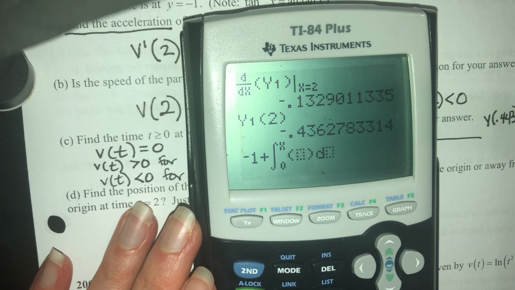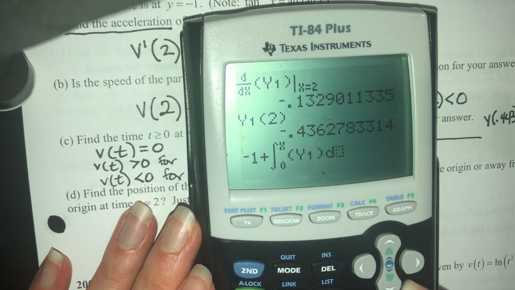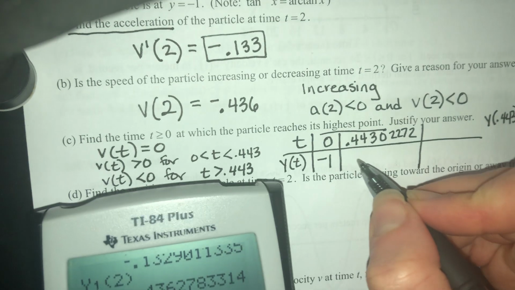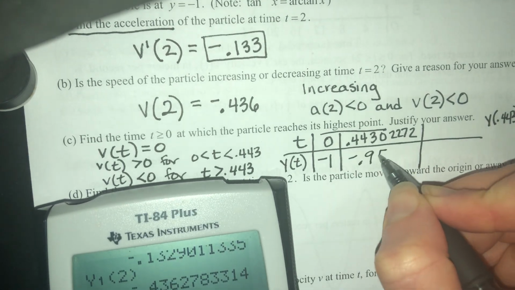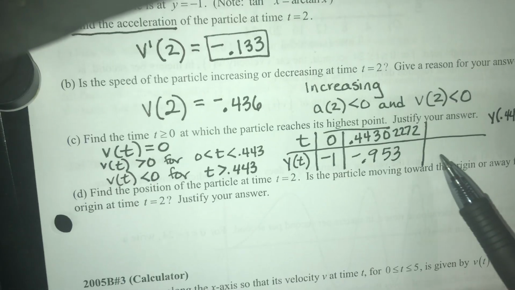Then I'm going to hit alpha, y, function 1, dx, and compute that value. So it's negative 0.953. And it's just going to go lower from there.